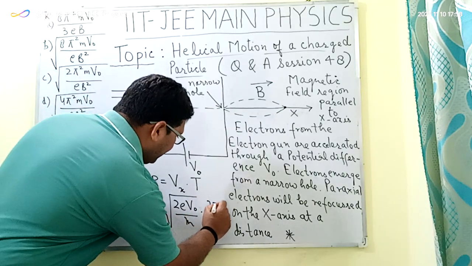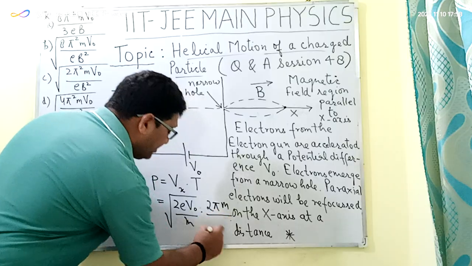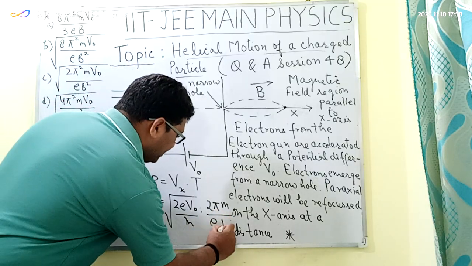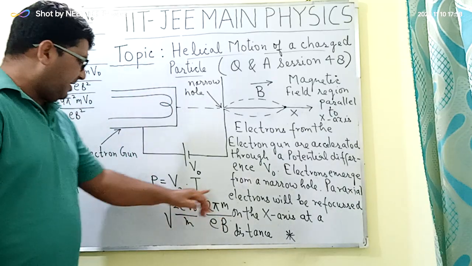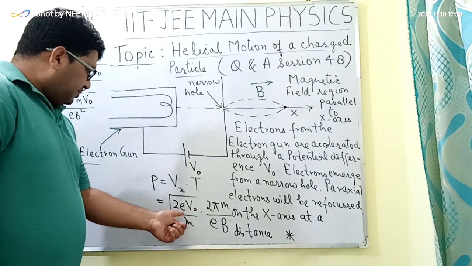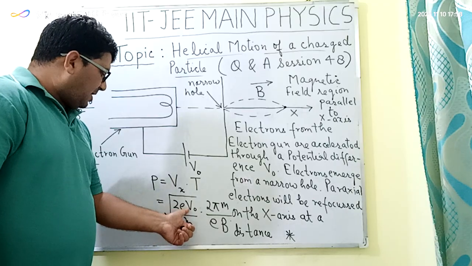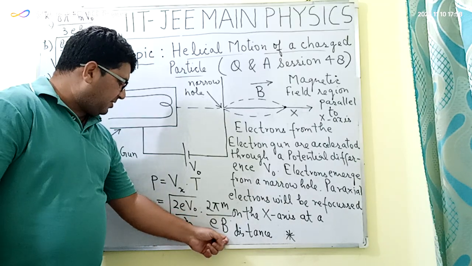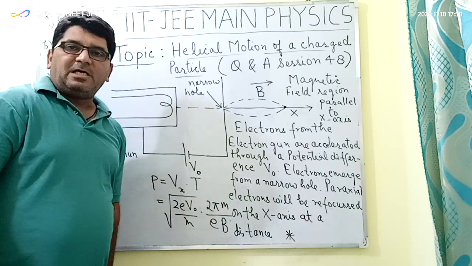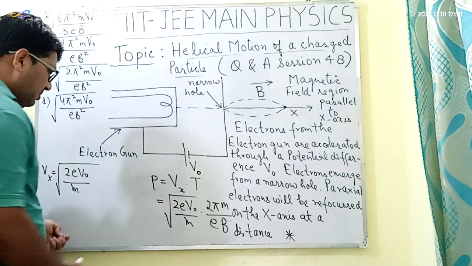This is equal to 2 pi m divided by qB. Here q is the charge on the particle, which is equal to e in this case, B is the intensity of the magnetic field, m is the mass of the electron, and V0 is the potential difference through which the electrons are accelerated.